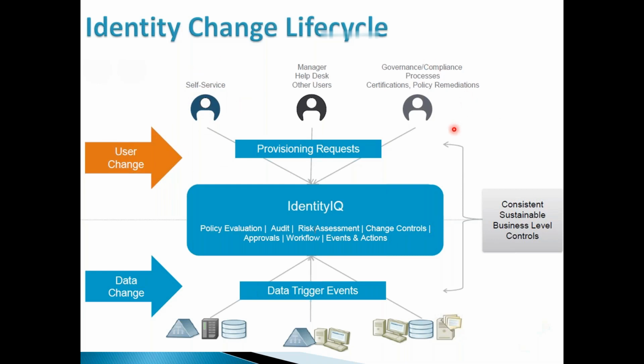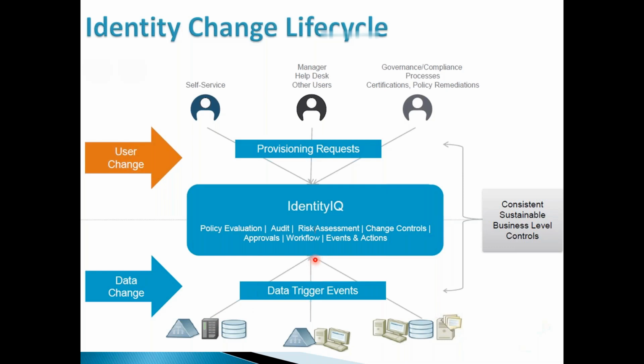Now, second is data change. Data change means, let's say we bring some data change from Active Directory or a database or somewhere else. If we trust that data, the change will be brought inside SailPoint. Or maybe the data change is made within the SailPoint system by some user. Once the approval is done, some events should be triggered.